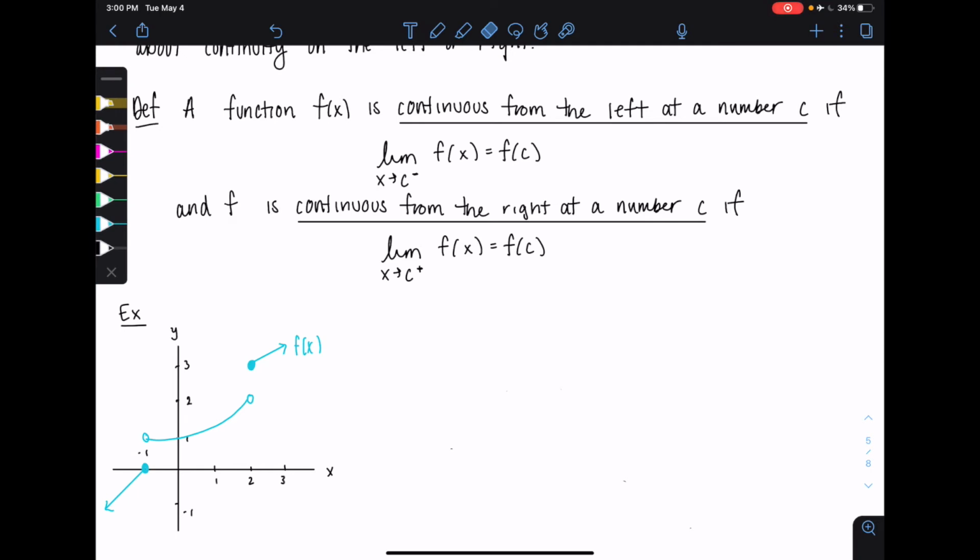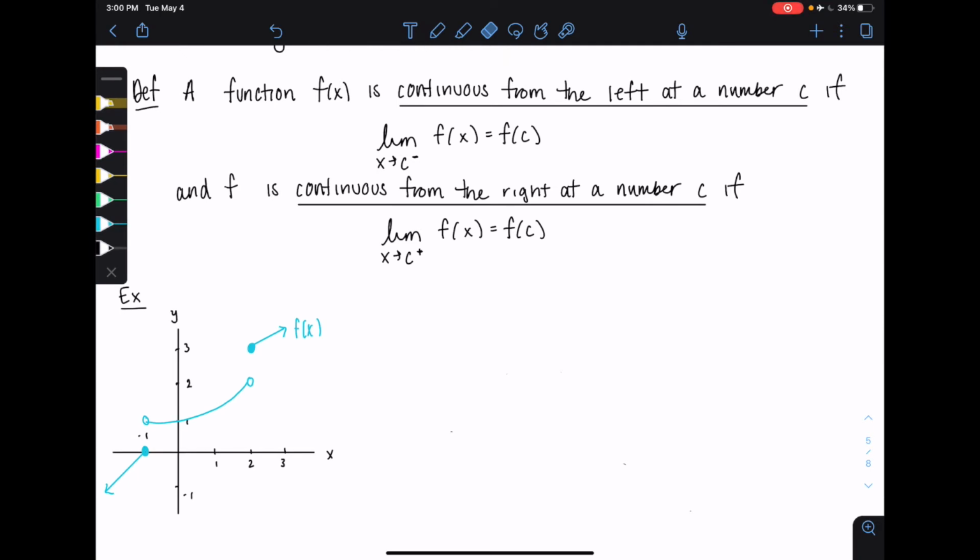We've got a nice function here. You can see there are two places at -1 and +2 where we jump up to the next value. So f of x has jump discontinuities at -1 and +2. However, if I consider -1, when I come in from this side, I'm going to the actual function value.